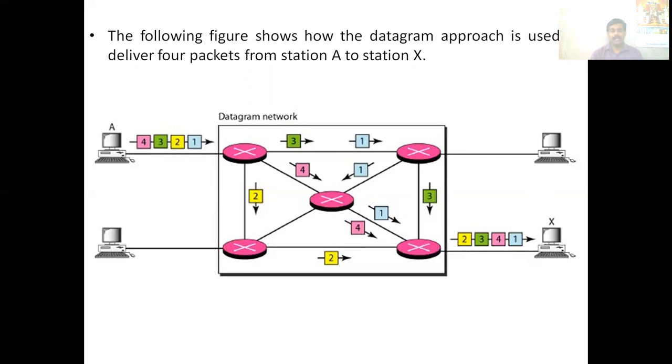Each datagram is choosing a different path and arriving at the destination, and in the destination it may be out of order.